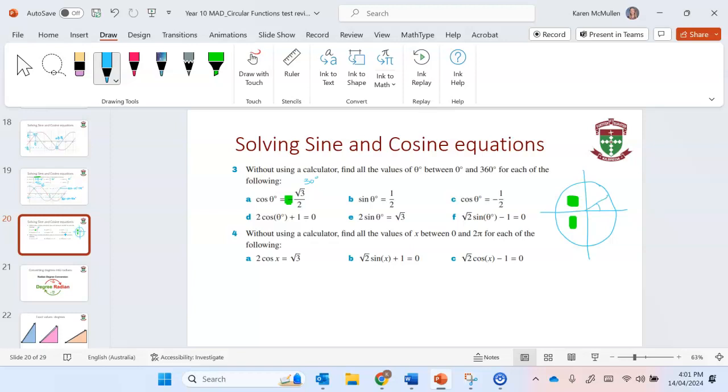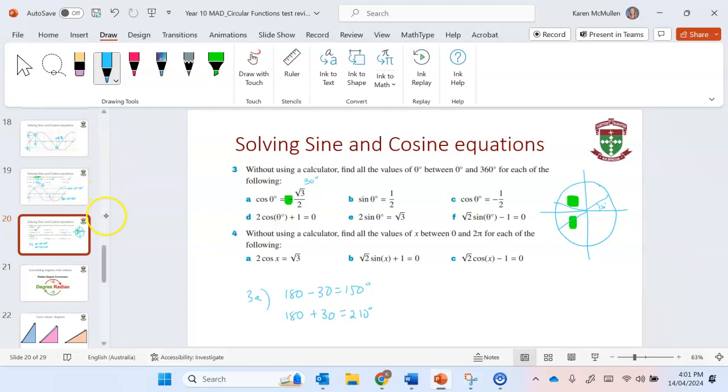So that 30 degrees gives us our root 3 on 2. So we want these two other solutions because it's negative. So the first one, I might just do here, the first one's going to be 180 minus 30, which gives us 150 degrees. And then the other solution is 180 plus 30, which gives us 210 degrees.